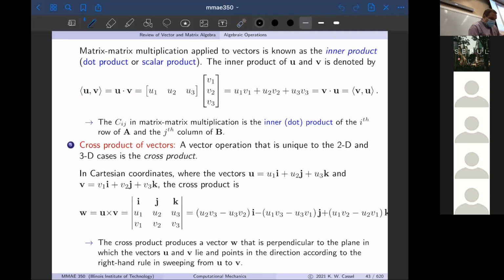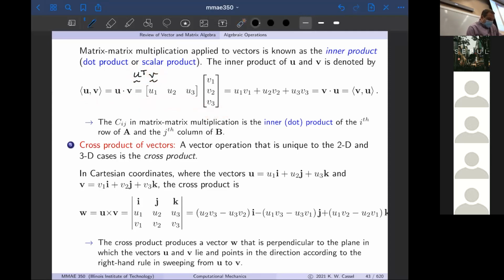In terms of vector matrix products, this is actually U transpose times V. So U transpose times V. U transpose takes the column vector for U and lays it down. And then V is the column vector V.